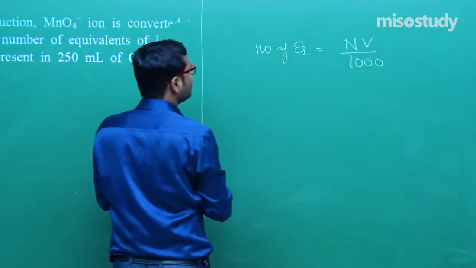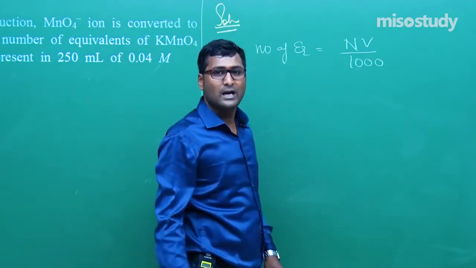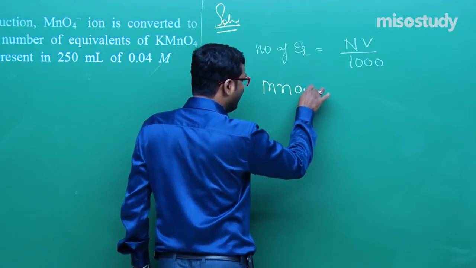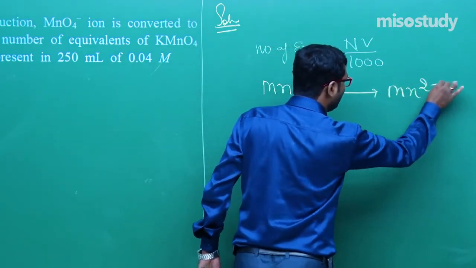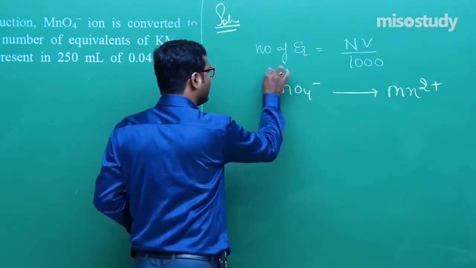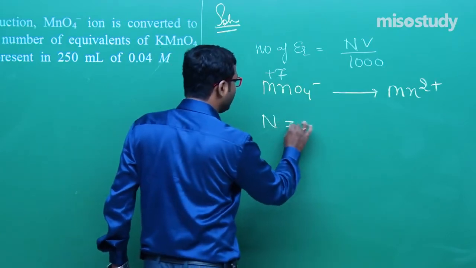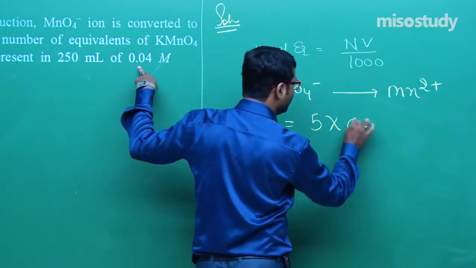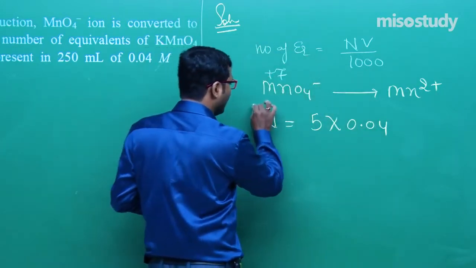Yes sir, this is the formula, but here normality is not given, molarity is given. As we know, in acidic medium MnO4 minus is converted to Mn2 plus, so the total change in oxidation state is 5. So normality is equal to 5 multiplied by molarity, put the value 0.04. We get the normality here.